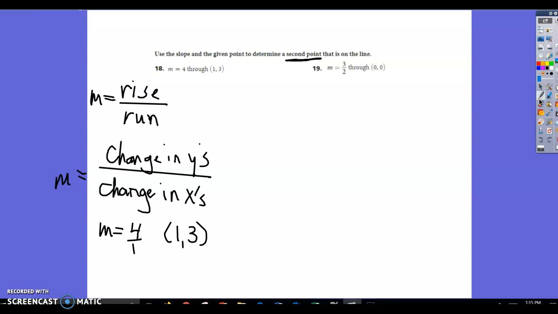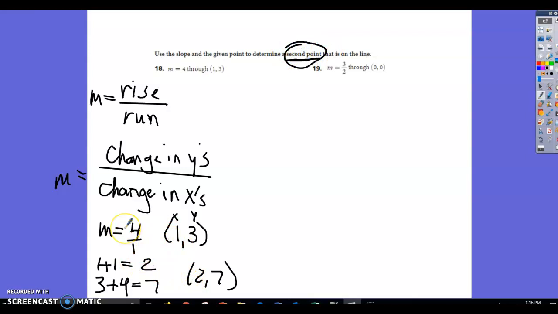Since this is our change in y's on top and our change in x's are on the bottom, to find our new point, we're going to do our x plus our change in x's, so 1 plus 1, or 2. And we're going to take our y value and do plus 4 is our change in y. So 3 plus 4 is 7. So our new point is 2, 7. So we found a second point on the line given a point and a slope.